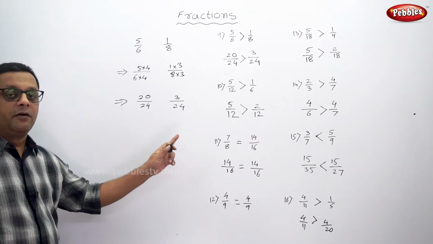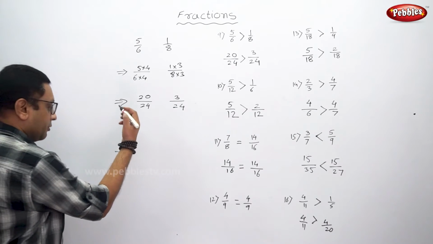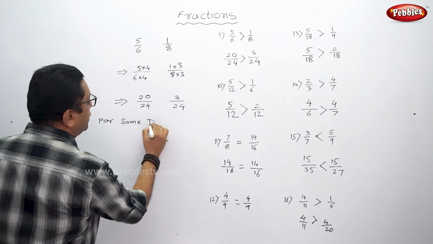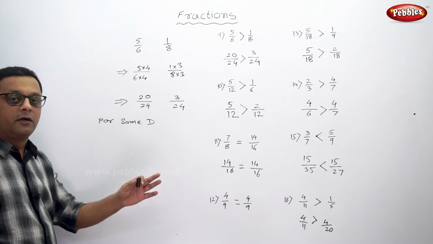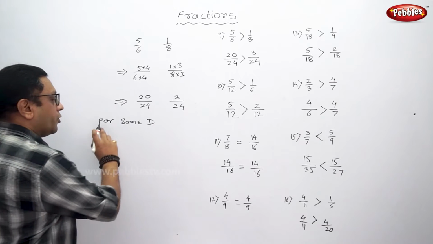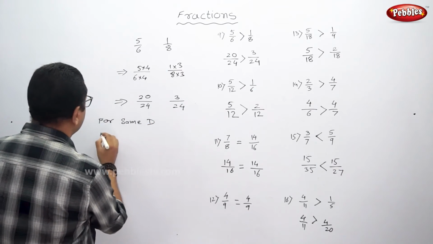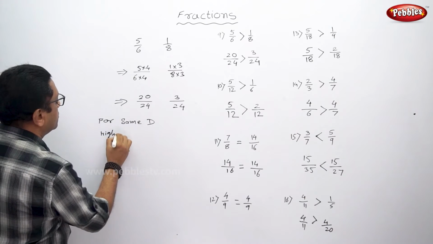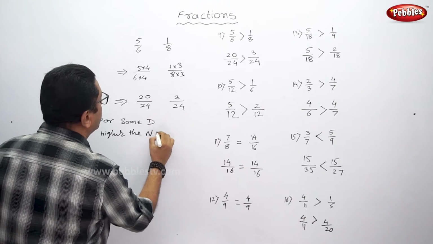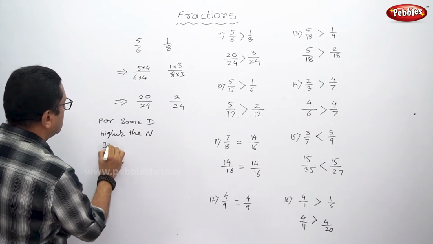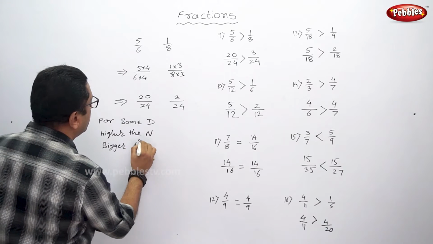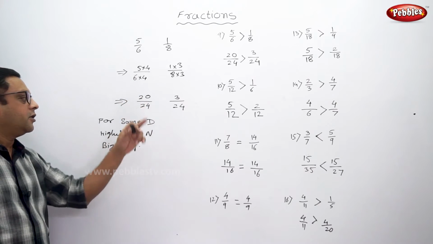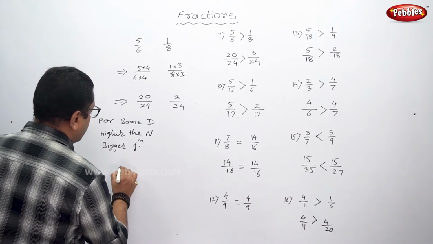And you write the statement for the same denominator. I will not write denominator and numerator, you write that, I will just write D. For same denominator, higher the numerator, bigger the fraction.